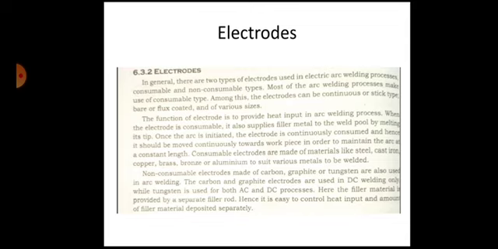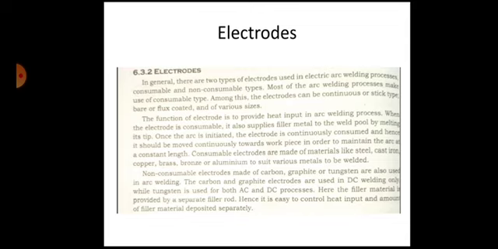Second one, the oxide based fluxes upon melting mix with the oxides and other impurities present in the molten metal and form a slag. Since the slag is lighter than molten metal, it floats on the top of the metal and protects it from further oxidation. The slag also helps in reducing cooling rate of molten metal. The third one, the coating also contains materials to make the slag viscous.